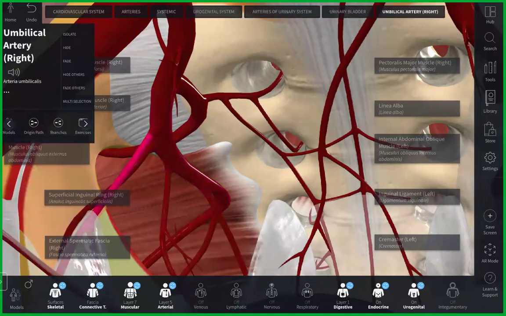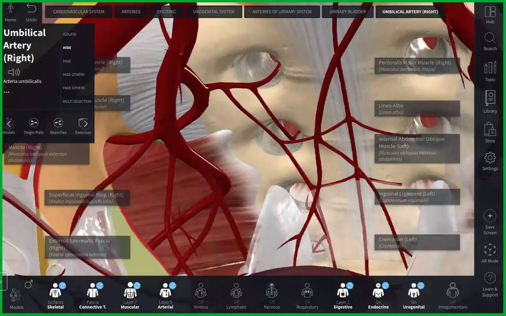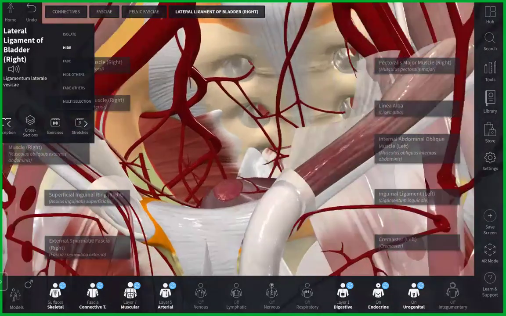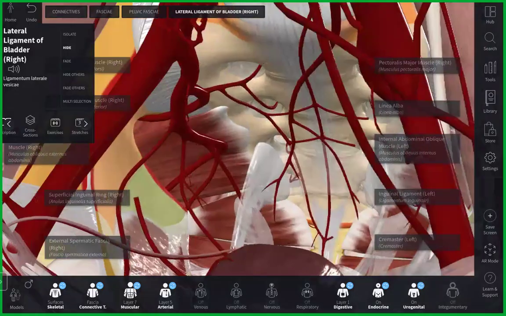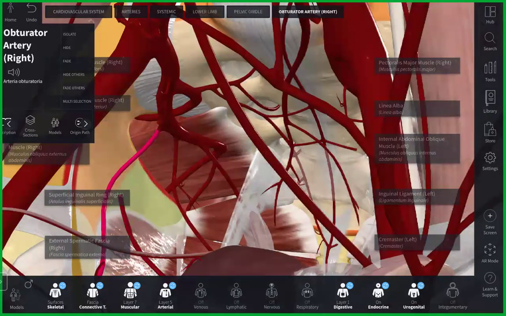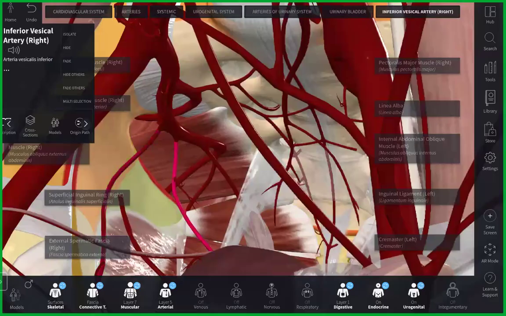Let me add branches of the anterior division too. Okay, so first thing, umbilical artery, forget it. We will not have it in an adult male, it obliterates. Superior vesical artery supplies the superior parts of the bladder. Then you will have obturator artery. Then inferior vesical artery.